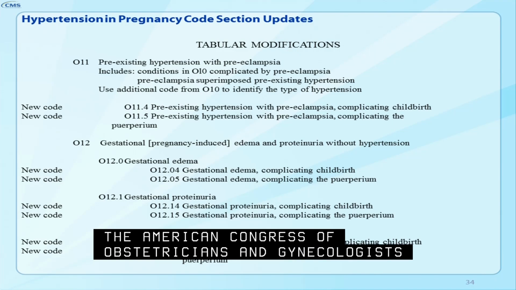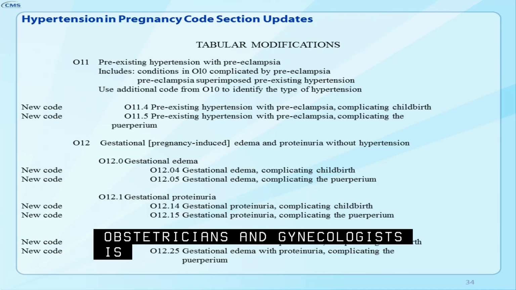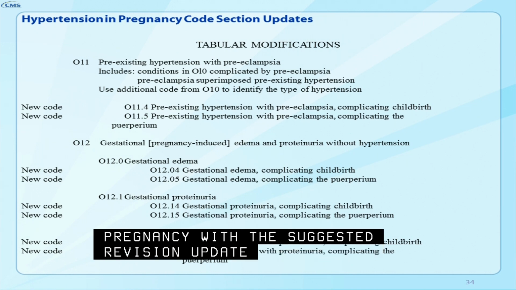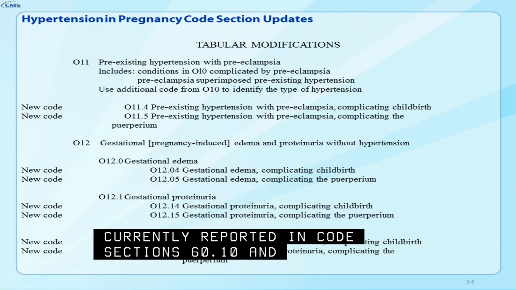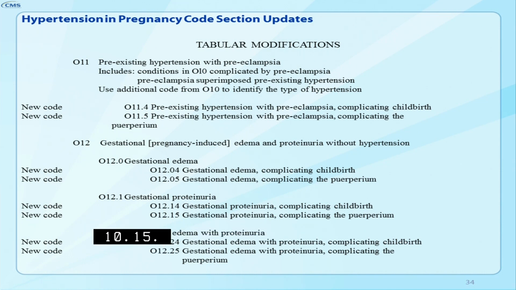The suggested revisions update the code sections to mirror and standardize the existing language as it is currently reported in code sections O10 and O15. The requested codes reference conditions complicating childbirth and the puerperium where they currently do not exist in ICD-10-CM.